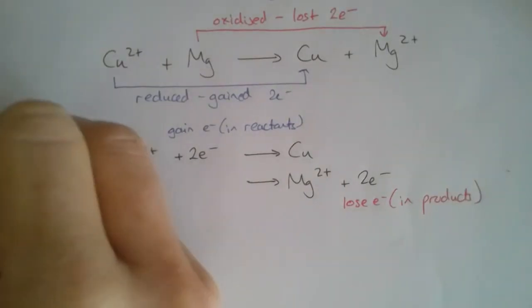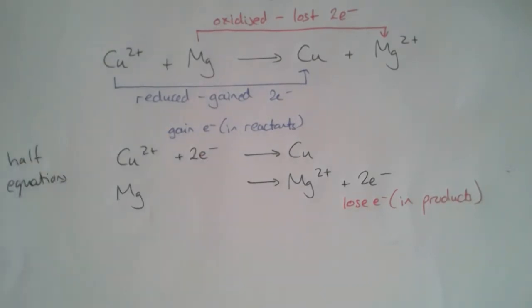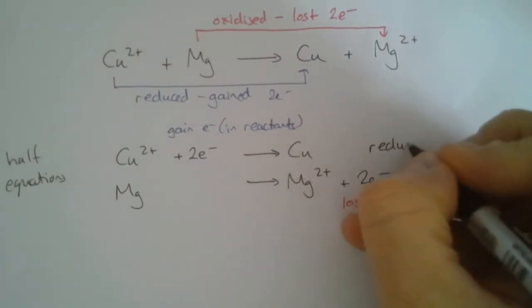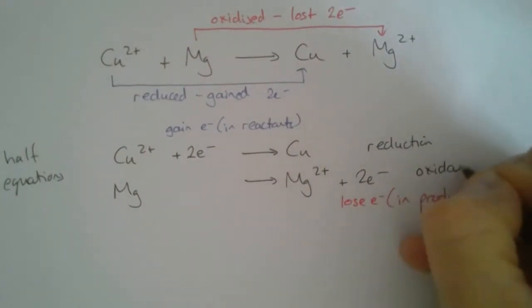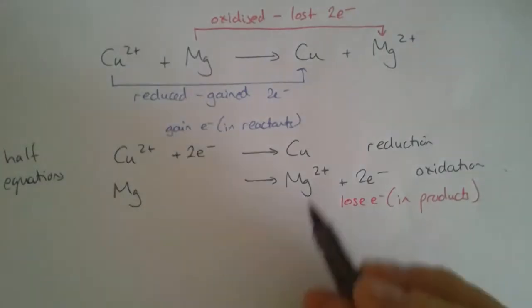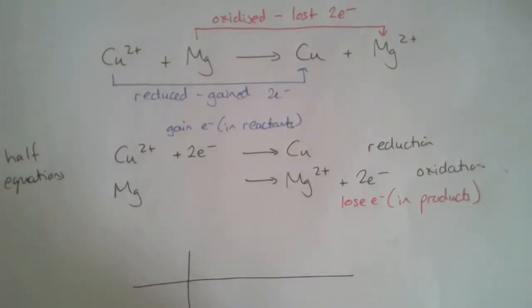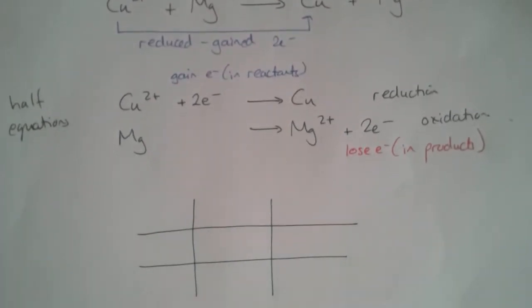And these are called half equations. They're called half equations because they show half of the redox process. Either the reduction, in this case, because there's a gain of electrons, or the oxidation, in this case, because it's a loss of electrons. Now, if we were going to summarize the two different ways that we can describe reduction and oxidation, we would do this.